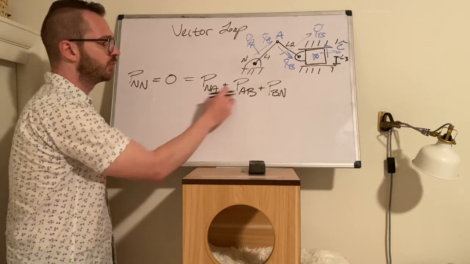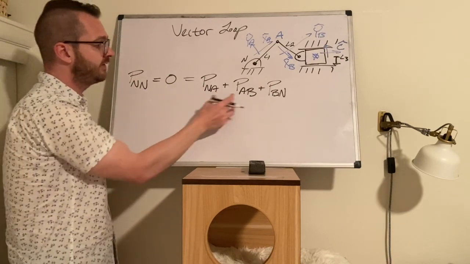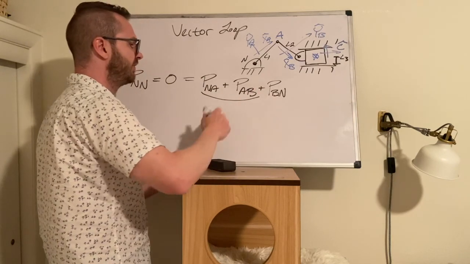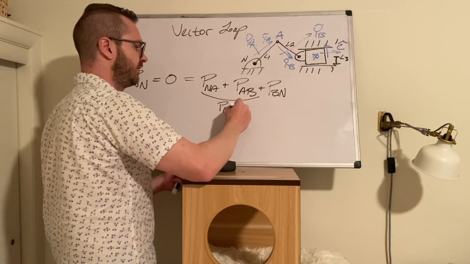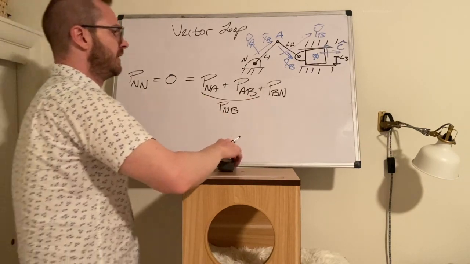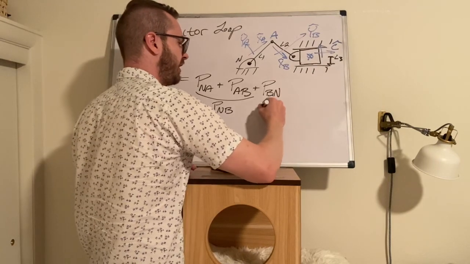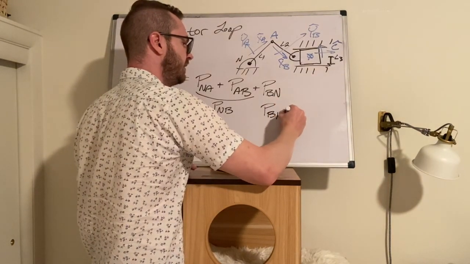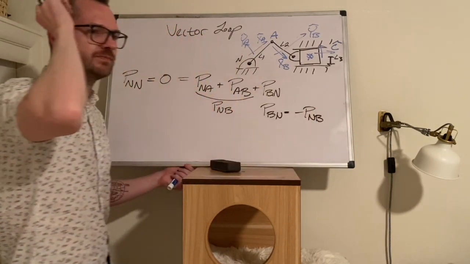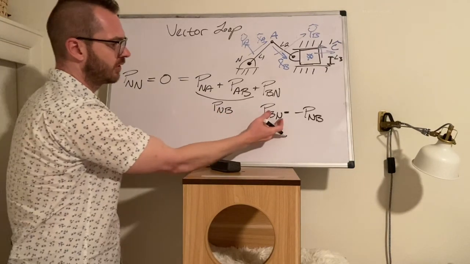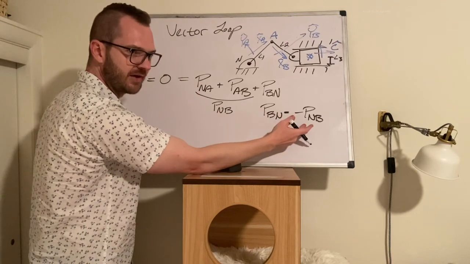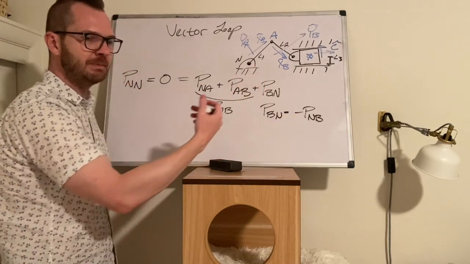Now, next thing we want to do, we want to fill in these blanks. Some of these we already did. This P N to A and this P A to B, we actually did as a part of our position. That's P N to B, right? What about this last one? Here's a fun thing. If I write P B to N, that's actually just negative P N to B. If you reverse the order, instead of going from A to B, if you go B to A, you take the same position vector and just put a negative on it.